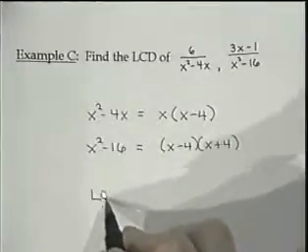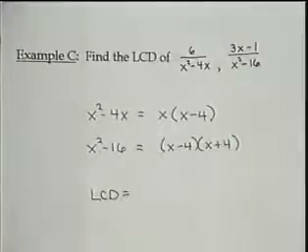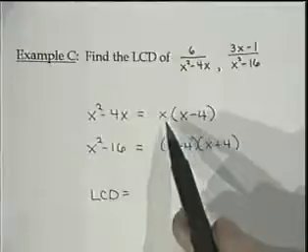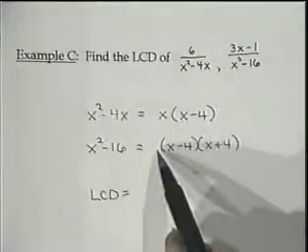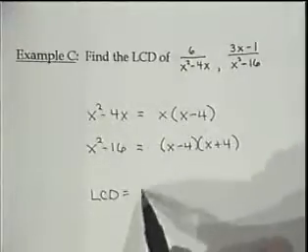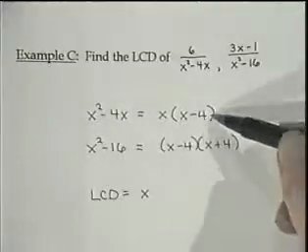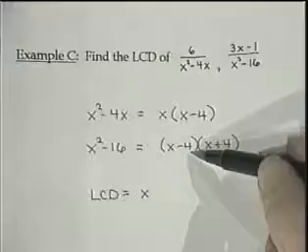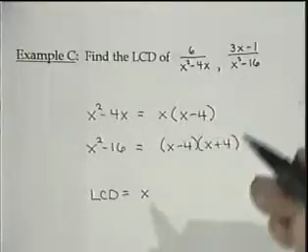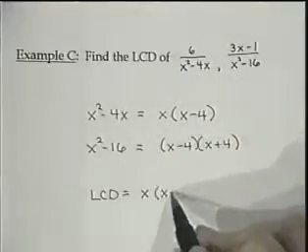So now let's get our least common denominator. Our least common denominator is now a product of the factors that appear. Let's start with x. X appears once here and no times here, so that means we write 1 x. X minus 4 appears once here and once here, so the most that x minus 4 appears is also once.